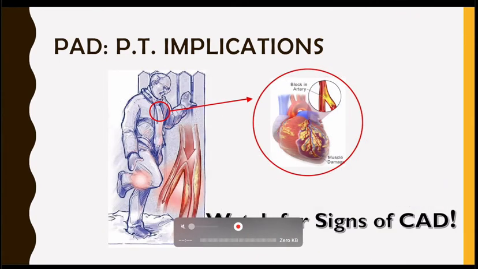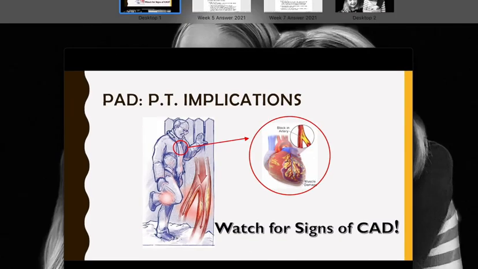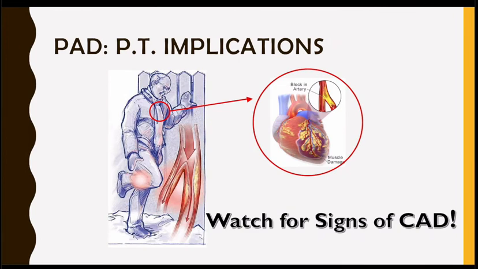The top of the next page is a really important concept. If somebody has signs of peripheral arterial disease, they have atherosclerosis, right? And if you think about the processes by which a patient gets atherosclerosis, it's not local.